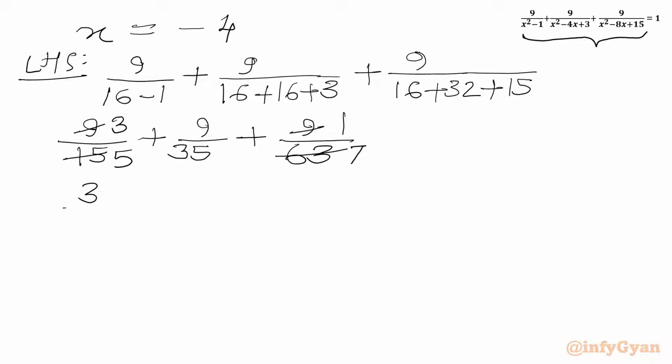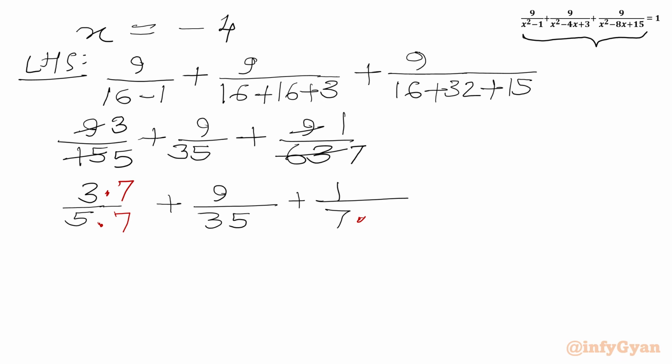So I will write 3 over 5, plus 9 over 35, plus 1 over 7. Now I will multiply by 7 and by 5 in the numerator. So we can write 21 over 35, plus 9 over 35, plus 5 over 35.